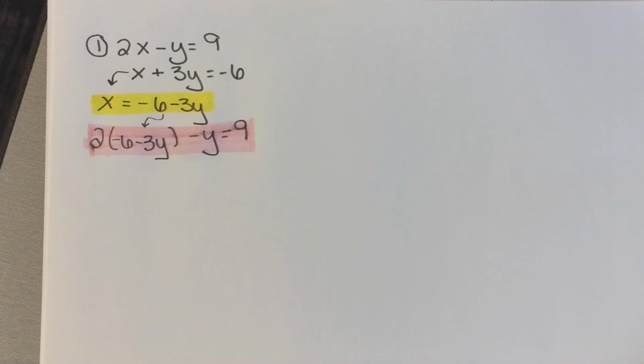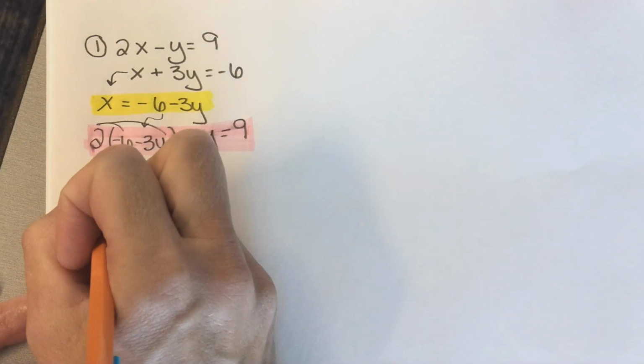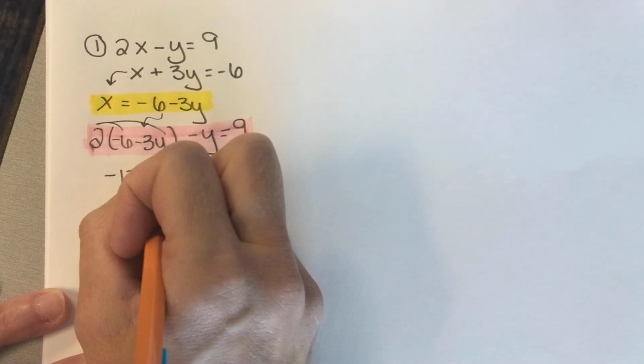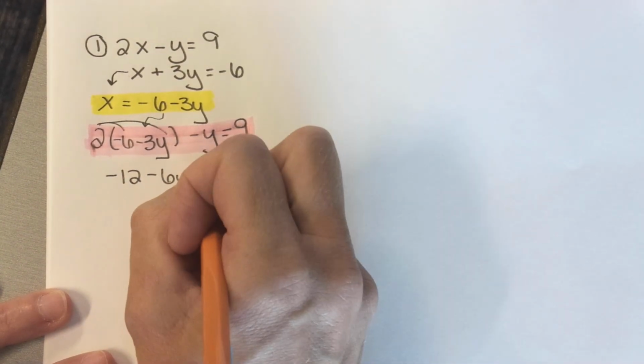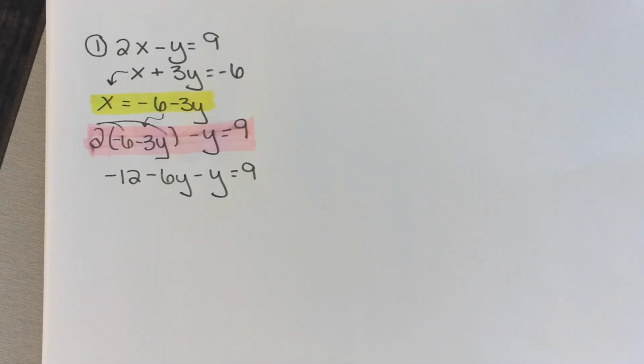All right. Now, do I only have one variable? Yeah, good news. So I'm going to distribute, and I can actually solve. Negative 12 minus 6y minus 1 more y equals 9. What should I do next? Yeah, we've got some like terms. Let's combine those. I call it kind of tidying up.